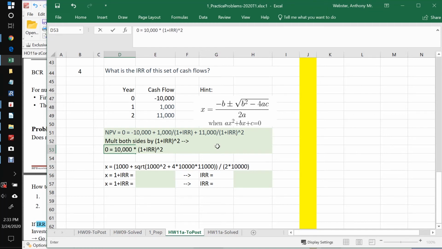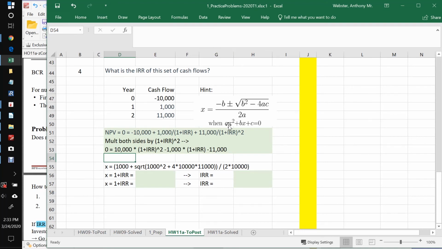And now I am changing all the signs here, minus 1,000 times 1 plus IRR, and then minus 11,000 times 1 times 1. Yeah, so we'll leave it just like that.